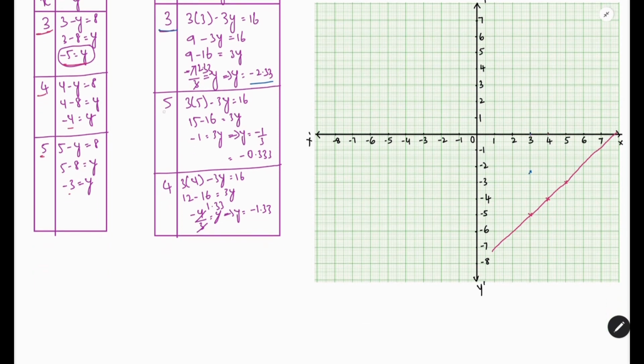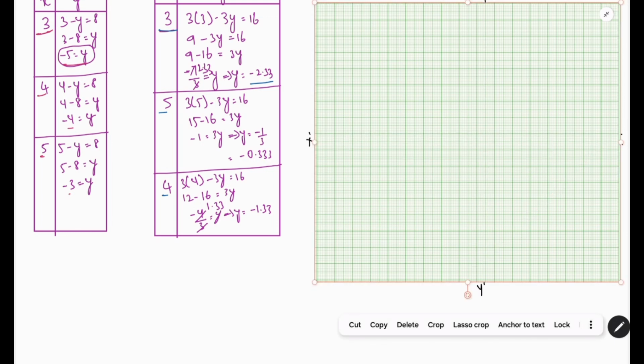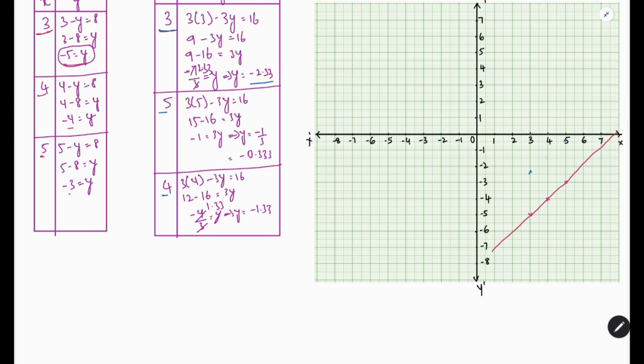If x is 5, y is minus 0.33. 5 and minus 0.33, here it is. Okay. If x is 4, y is minus 1.33. 4 and minus 1.33 here. Okay. Now join these points.